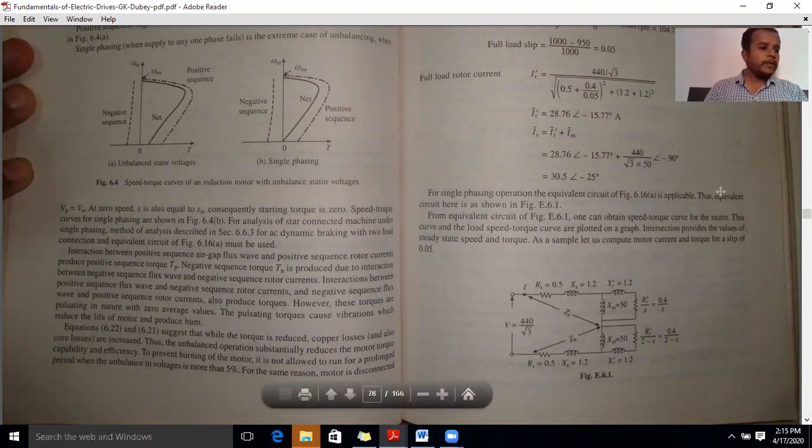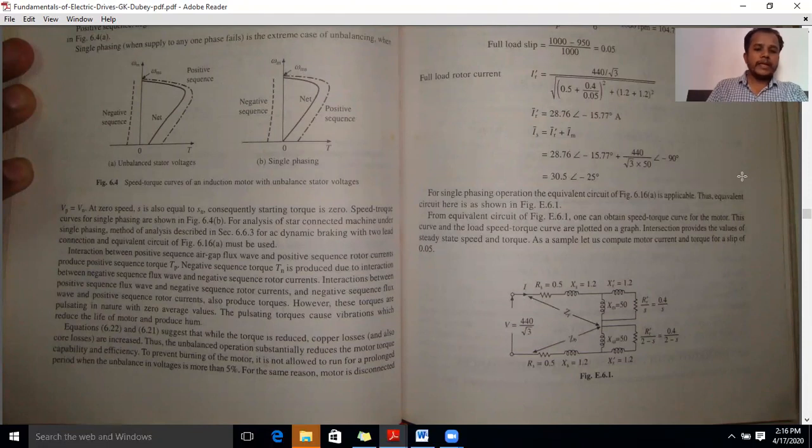So here we have to calculate two slips, one for the positive field and the other for the negative or reverse field.